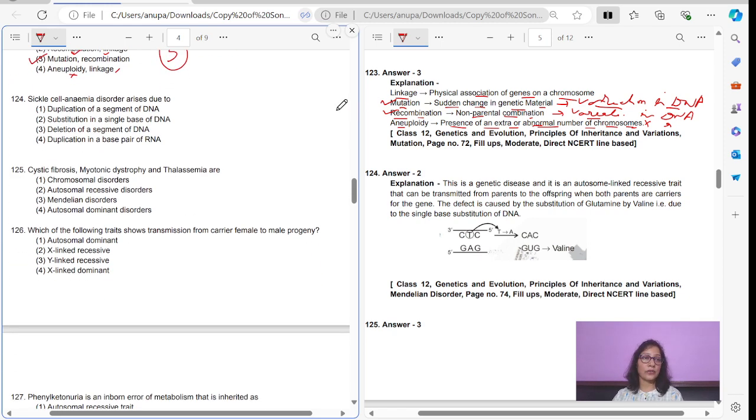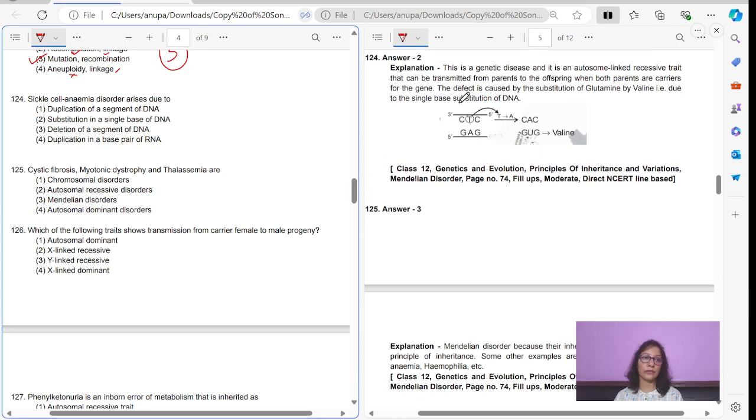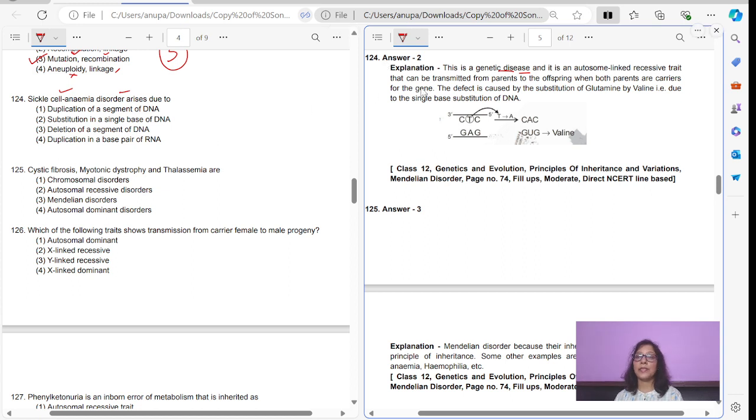Now, let's move to the next question, that is question number 124. It states that sickle cell anemia disorder arises due to. We have to find out the reason why sickle cell anemia disorder arises. So you know that sickle cell anemia is a genetic disease, and it is basically an autosome-linked recessive trait disease that can be transmitted from parents to the offspring when both parents are carriers of the gene.